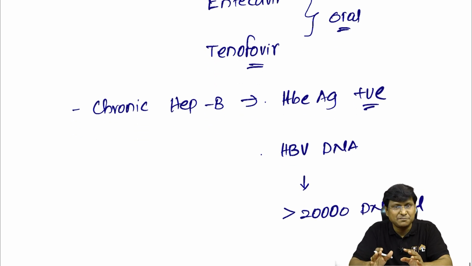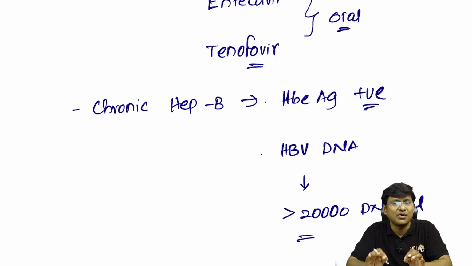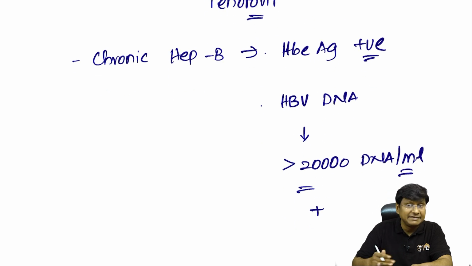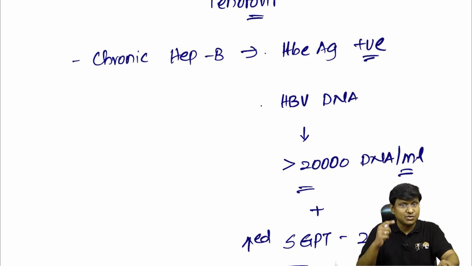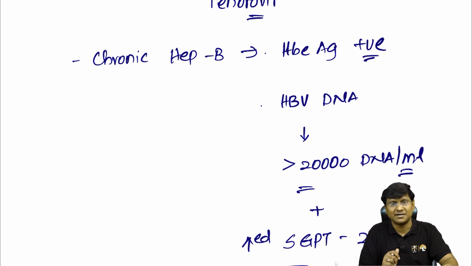So if the HBV DNA copies are more than 20,000 per ml, and along with that the SGPT is elevated 2 times, that is the indication for starting the antiviral drug, right?